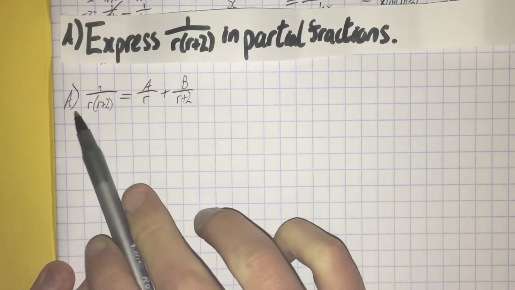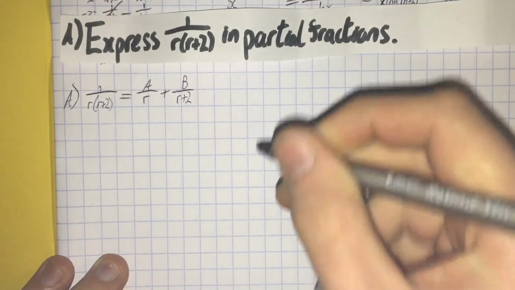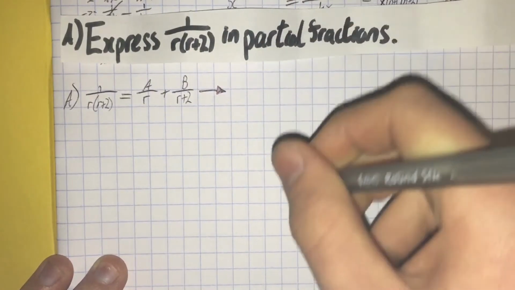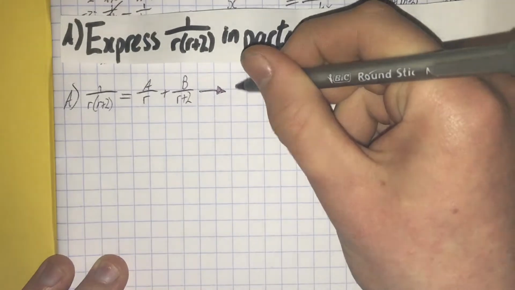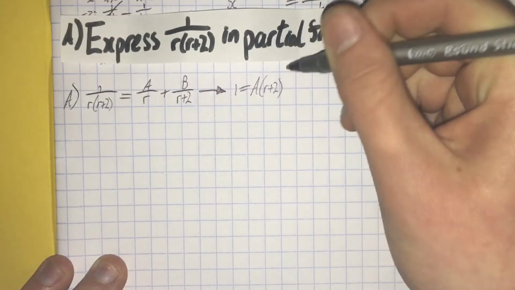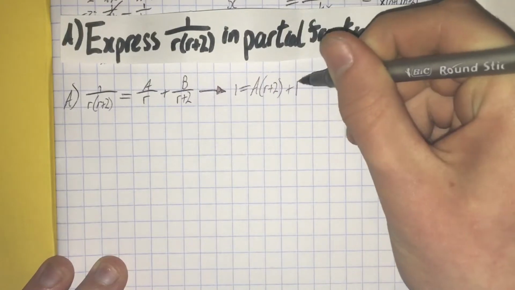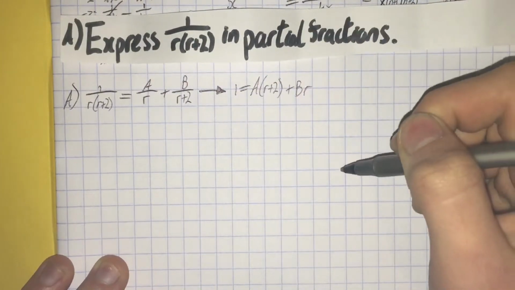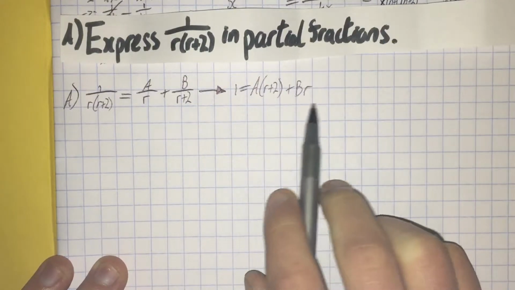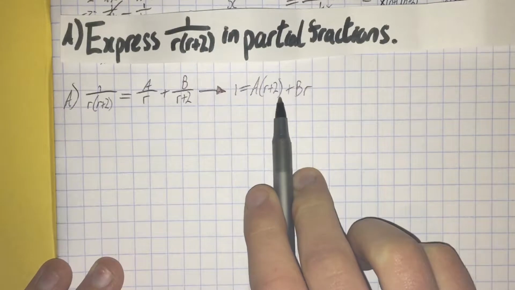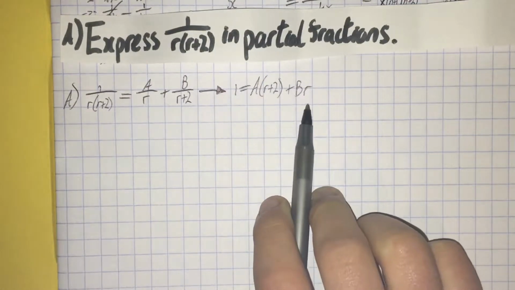Now if we times by r times r plus 2, this will give us 1 equals a times r plus 2 plus b times r. And here we have multiple choices on how we can find out the value of a and b.